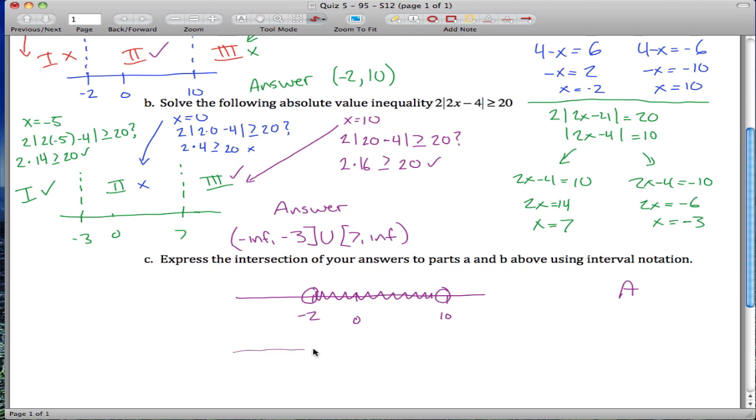And in part B, we wanted everything from negative infinity up to negative 3. So we want to include that point and go out that way. And everything from, so here's 0 again, and here's 7, not necessarily drawn to scale, up to infinity.